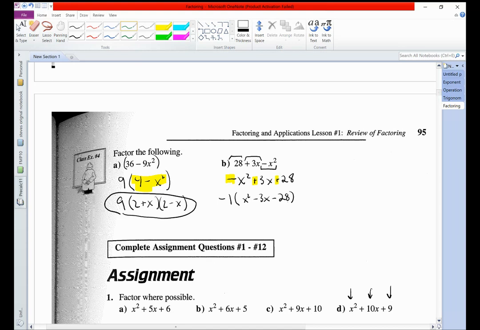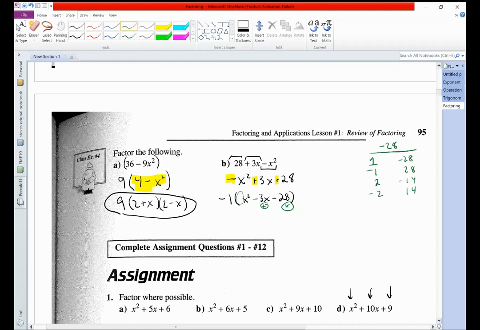We're going to factor by looking for 2 numbers that multiply to negative 28 and add to negative 3, because this is a trinomial with no constant in front of the x squared. So if I'm looking for 2 numbers that multiply to negative 28: 1 and negative 28, negative 1 and 28, 2 and negative 14, negative 2 and 14, nothing for 3, nothing for 4, I believe.